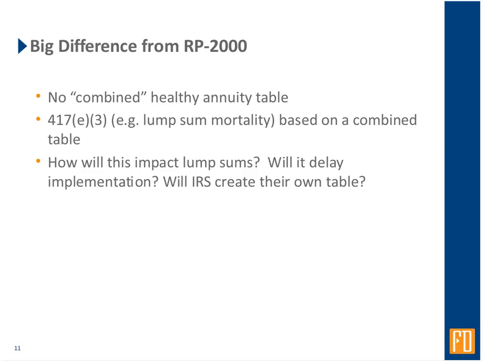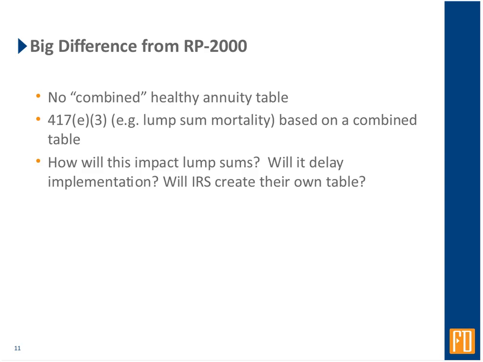And that same combined table is also being used for 417(e)(3) purposes, which is the code section where the lump sum methodology is laid out if your plan offers a lump sum provision.